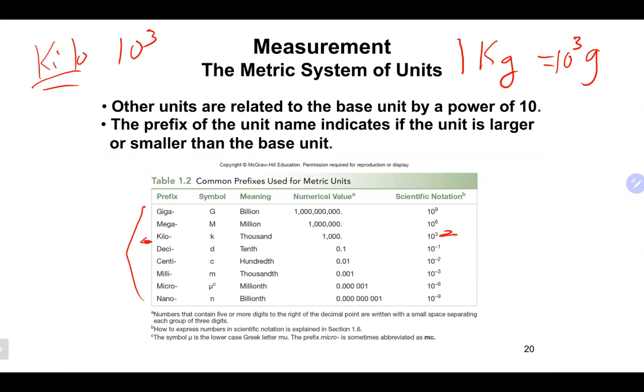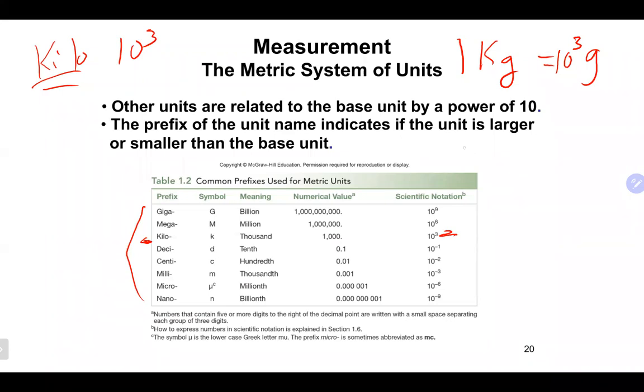And it's a very common one that people will reverse that and say there's 10 to the 3 kilograms in a gram. So when you look at this table, what you see in that last column, 10 to the 6, 10 to the minus 1, whatever it may be, that is how much there is in the base unit to one of the prefix units. It doesn't matter what the base unit is, it works the same.